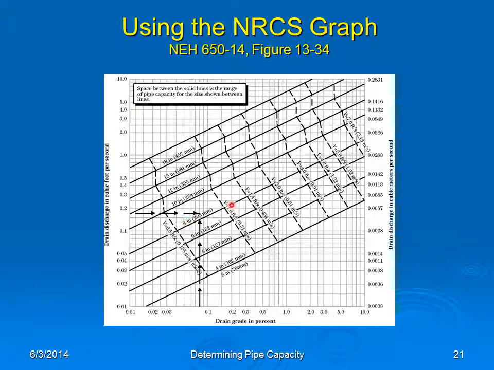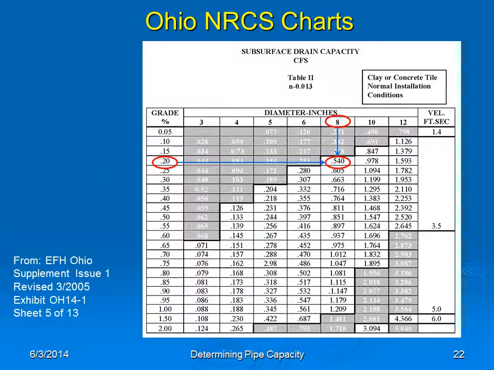These diagonal lines here represent the maximum capacity of the pipe below. So a 6-inch maximum capacity would be represented by this line here, and it also shows the velocities here with these dashed lines, the maximum velocities of these pipes. So that's an option to use.